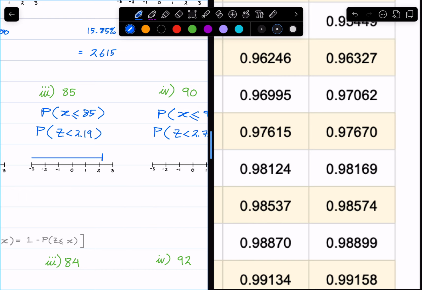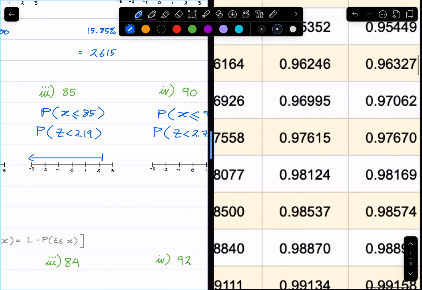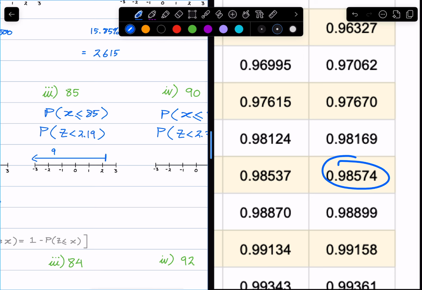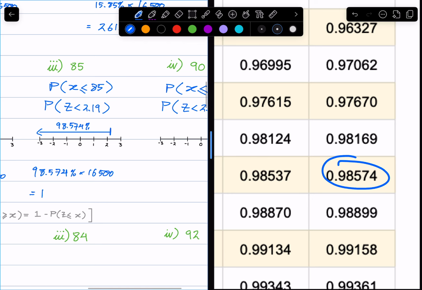So this percentage and below was 98.574%. So 98.574% times 16,500 points. Using my calculator here, this should get us 16,265, rounded up to the nearest whole.